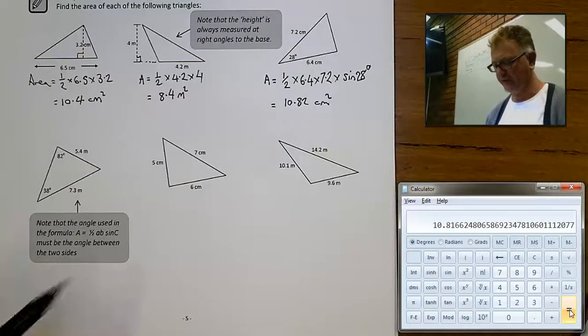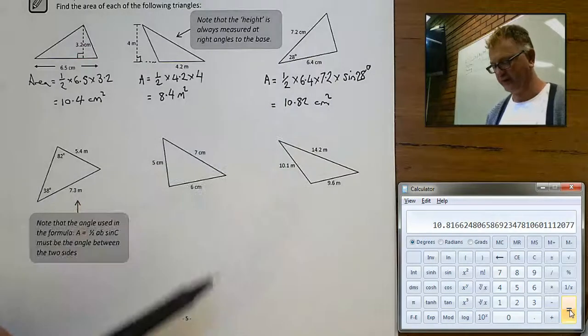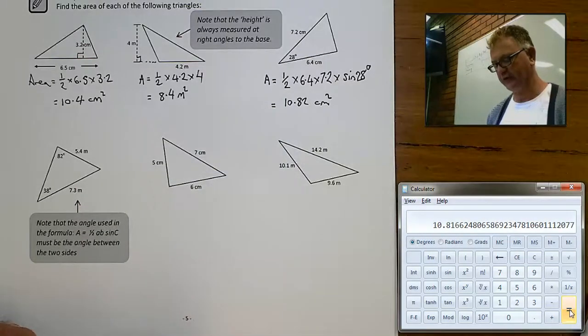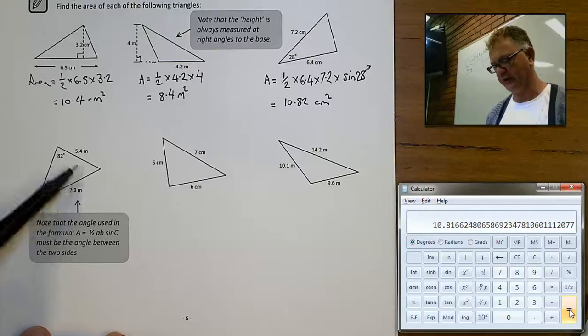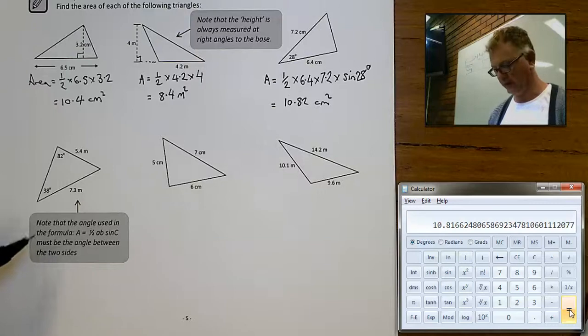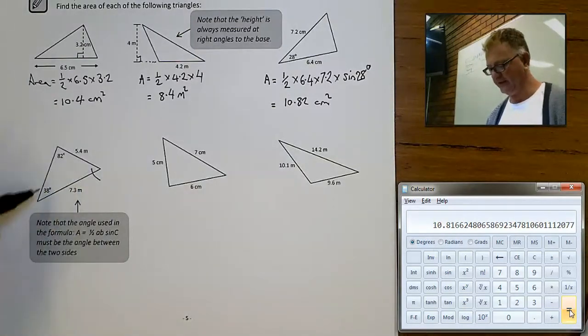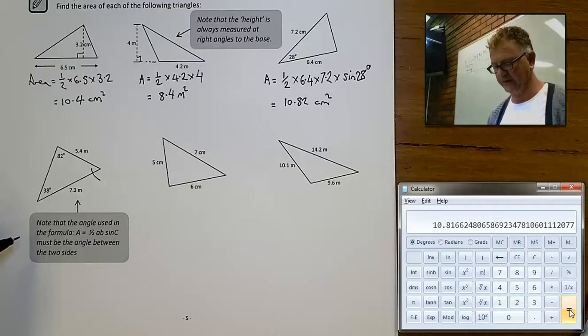Okay, in the next question we have to be a little bit careful. When we're using this formula, half ab times sine of angle C, the angle must be between the two sides that you know. Now we know these two sides, but we need to know this angle. We could work out that angle though, because these three angles have to add together to make 180 degrees.